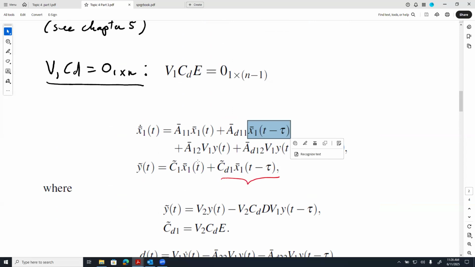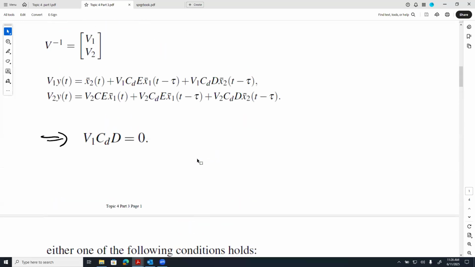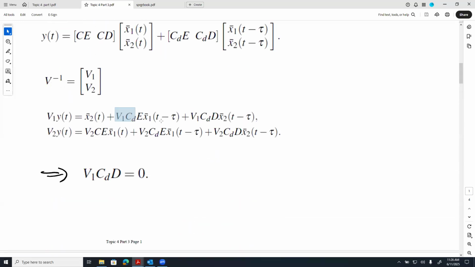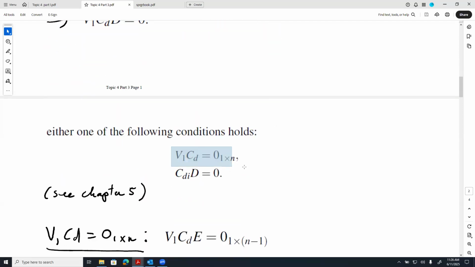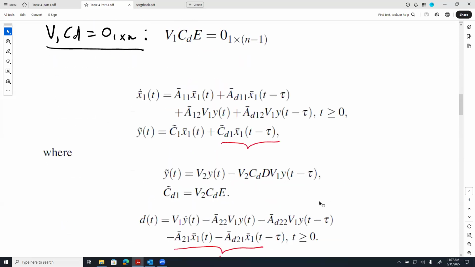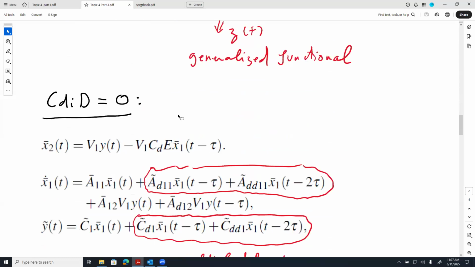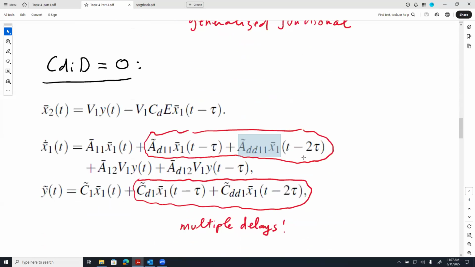This is because the expression is simpler, because that term there is 0. That is the price to be paid when we impose a more stringent condition. See that? So when we have this condition, we're going to have another delay stack vector term, which is a multiple of tau, which is 2 tau.